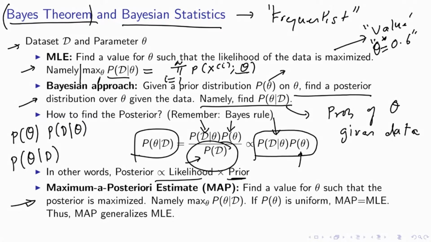If you assume that theta is a real number, since it's a probability in this case, it lies between 0 and 1. What you're going to get as the output of the fully Bayesian approach is a probability distribution over the space between 0 and 1. So it will be a continuous probability density, which ranges from 0 to 1.